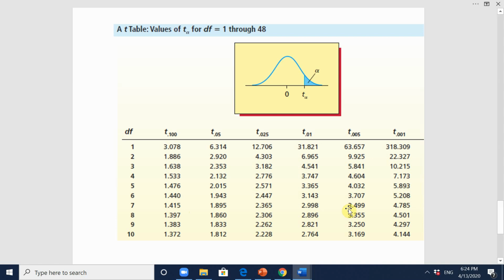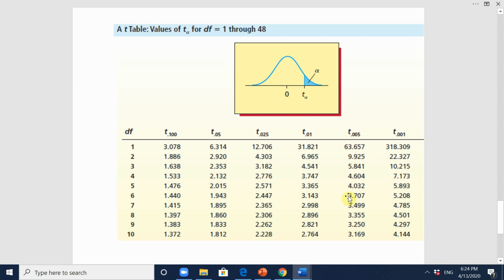So I see here that I've got a t-point of 3.499 and another t-point of 4.785, which tells me that the t-point that I'm looking for is somewhere in between these two t-points, which tells me that my p-value will lie somewhere between 0.001 times 2, let's not forget times 2 because it's a two-sided test, and an upper bound of 0.005 times 2.